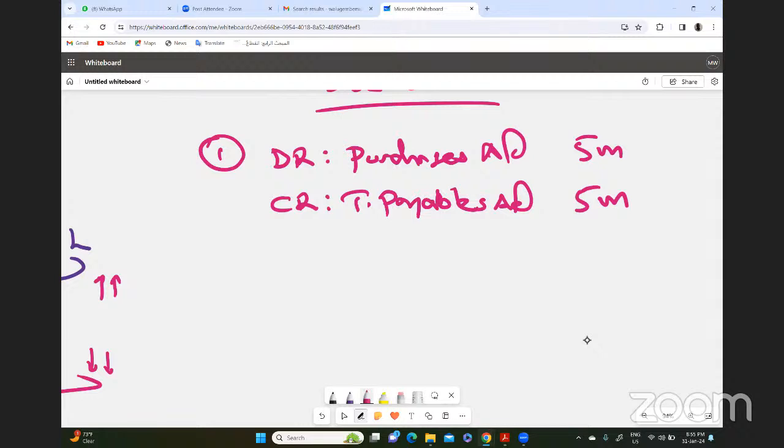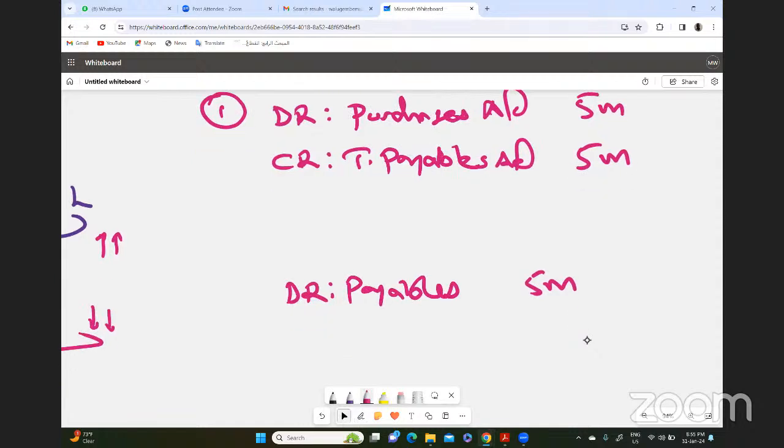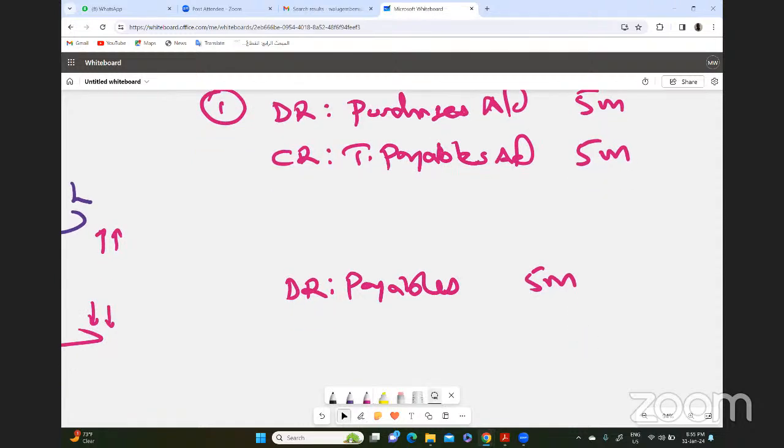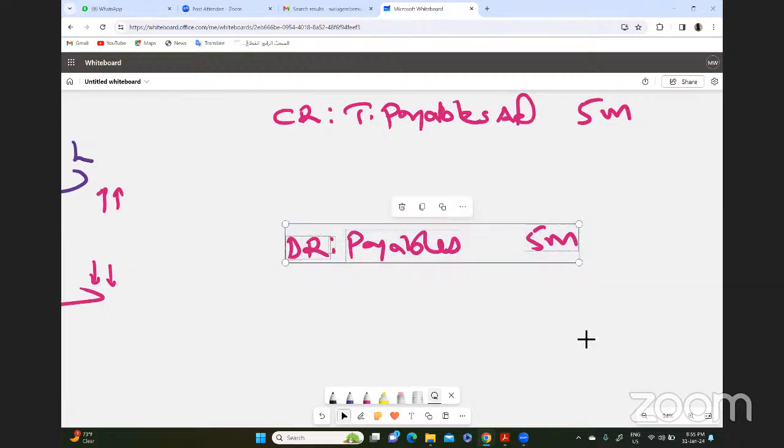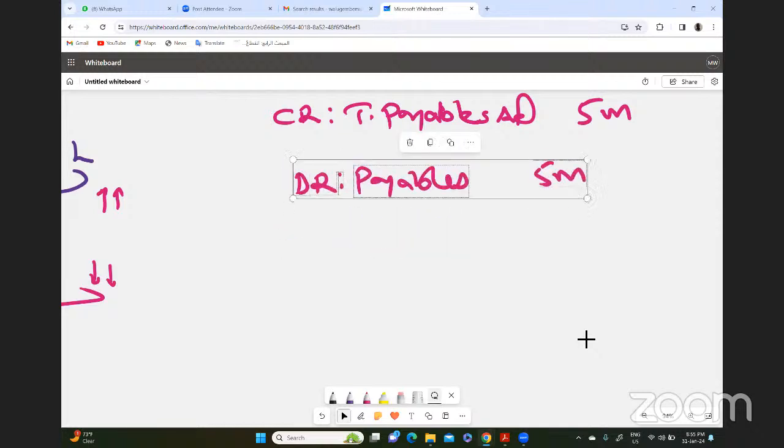So what are we going to do? We are going to de-recognize the payable in full, isn't it so? We are going to debit, because we no longer have an obligation.